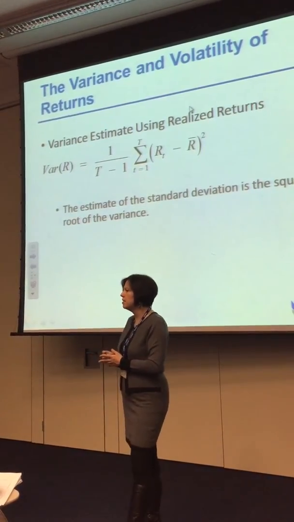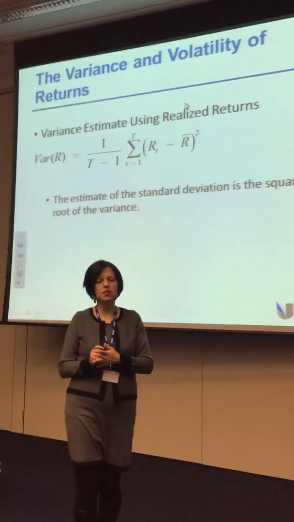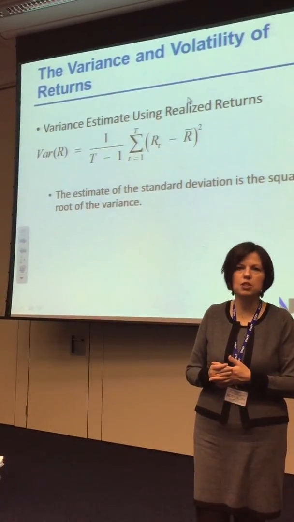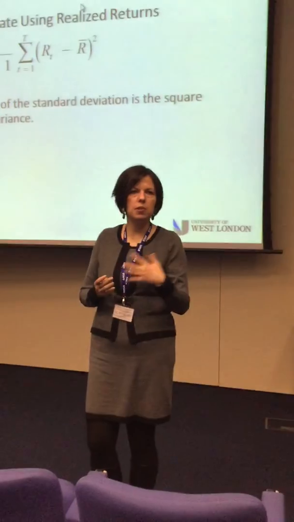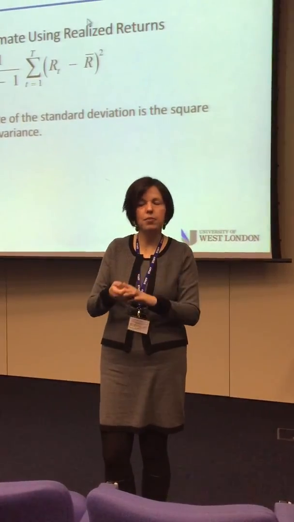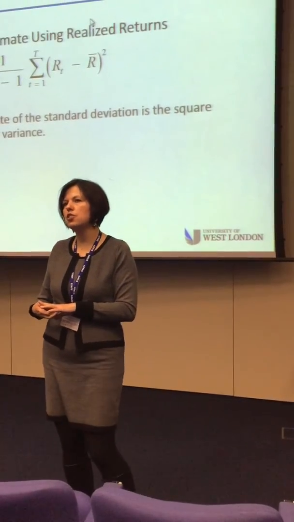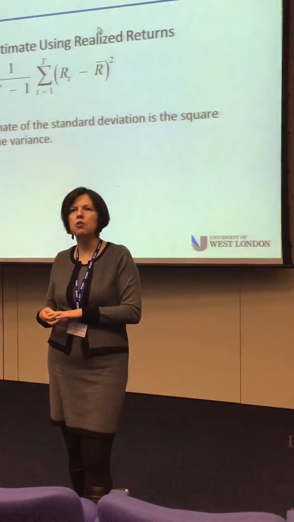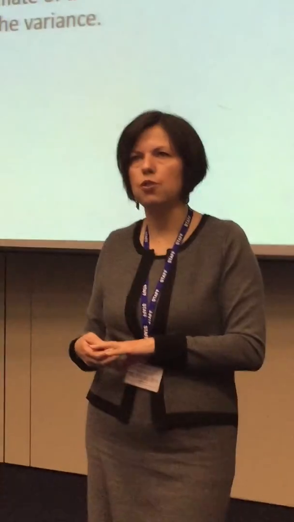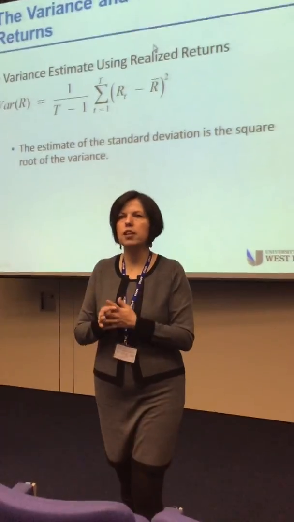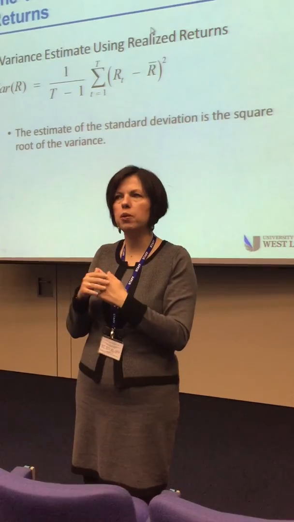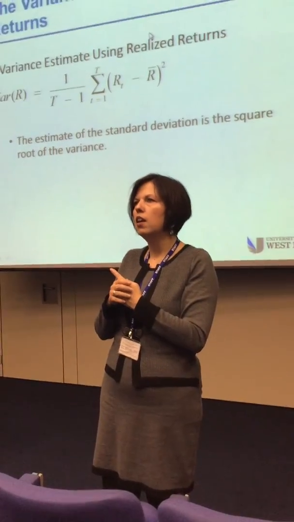So we've been saying that if in some years we have negative returns and in some years we have positive returns, so in some years we've lost money, in some years we've made money, yeah? If you start just adding those things up, they cancel each other out and you may get something close to zero, which doesn't really show you the true scale of how variable your returns are.